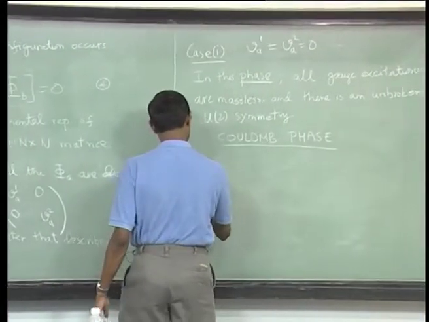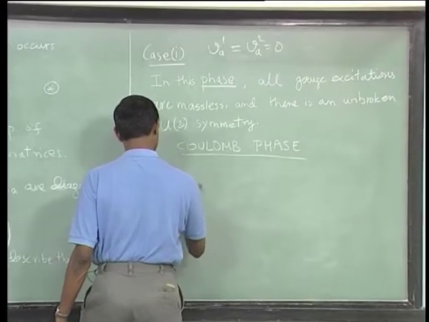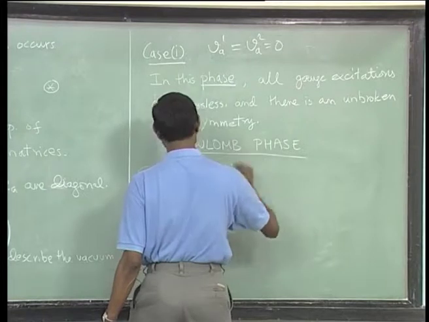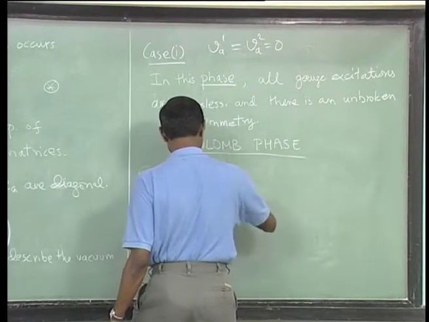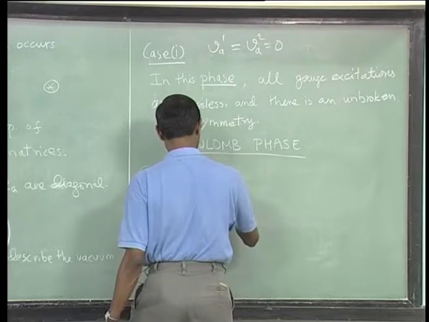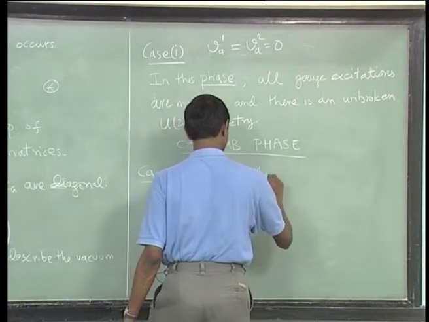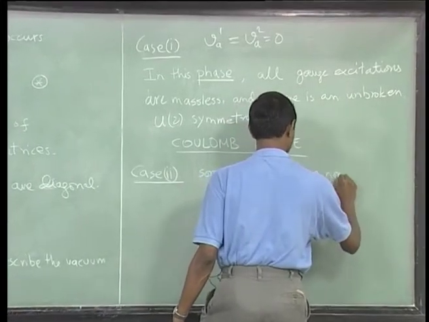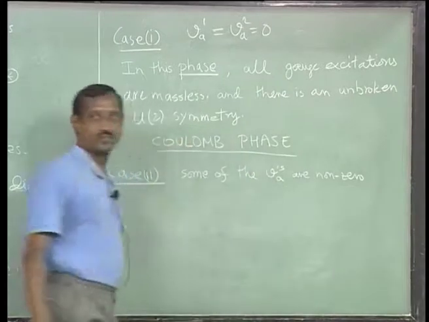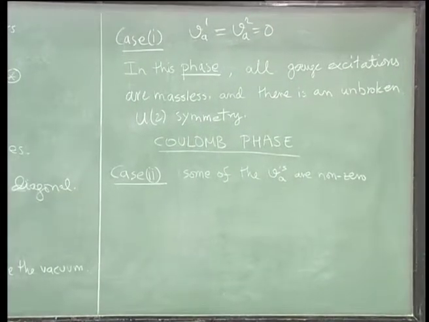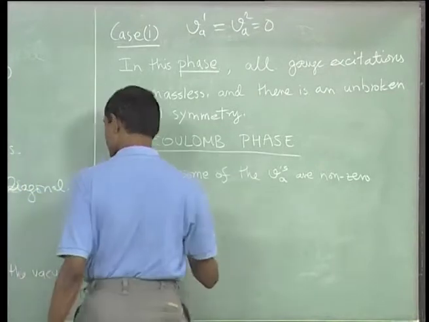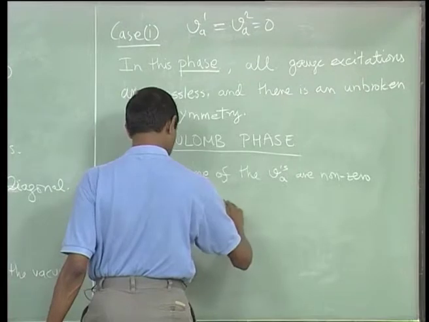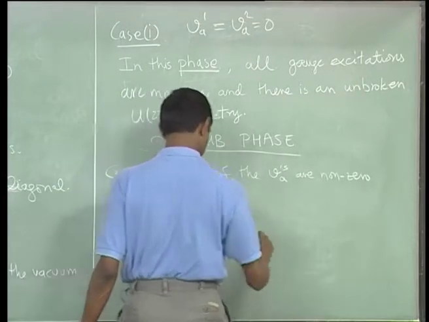Case 2 is when some of the V_A are non-zero. Okay. So in particular, let's choose phi_A as just an example of this kind.